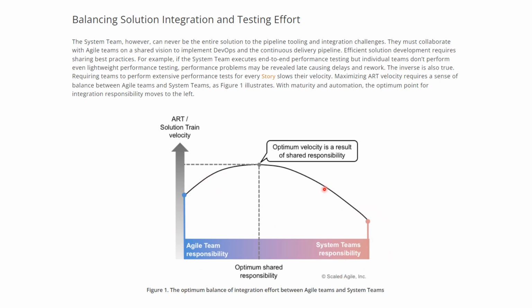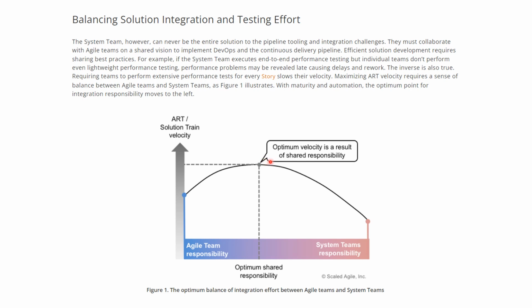They're doing a lot of performance testing. When both teams perform, when you travel from right to left, this is where you attain the maturity and optimal level of automation. And these people are also putting in their required efforts here. So this is where you get the optimal velocity as a result of shared responsibility.